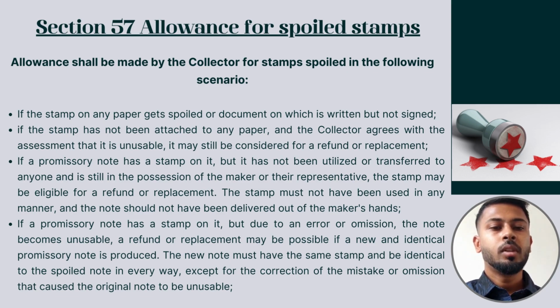Or if a promissory note has a stamp on it but due to an error or omission the note becomes unusable, a refund or replacement may be possible if a new and identical promissory note is produced. The new note must have the same stamp and be identical to the spoiled note in every way except for the correction of the mistake or omission that caused the original note to be unusable.